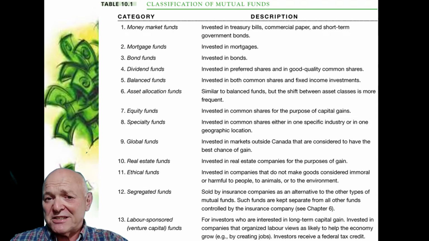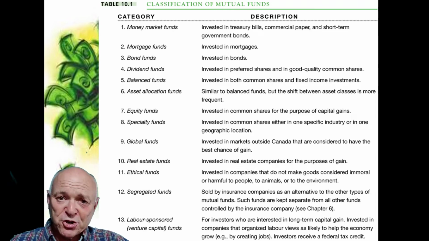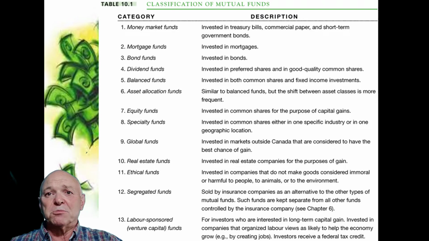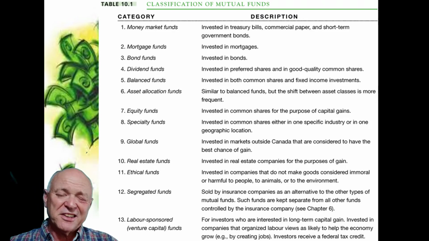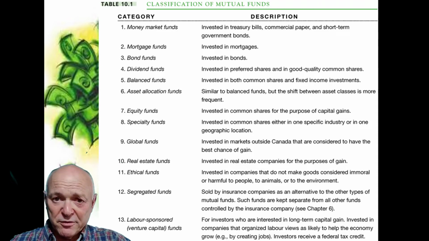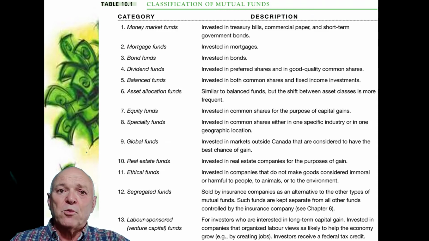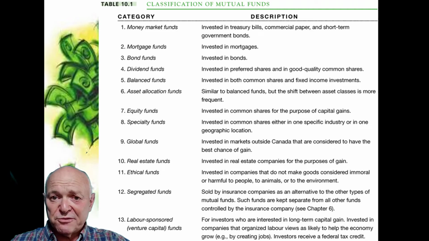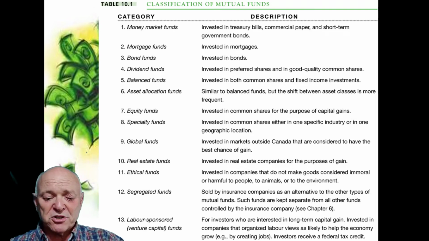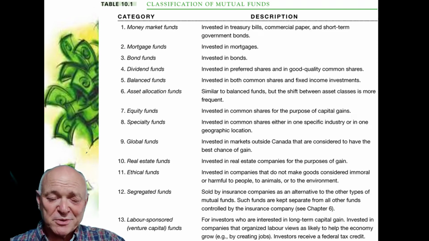We have a little bit still of labor-sponsored venture capital funds which allow some tax-subsidized investment, particularly in the province of Quebec. I think there's still a little bit still allowed in the province of British Columbia, where governments provide incentive to fund managers to invest in startup businesses, especially those which are certified by labor movements.